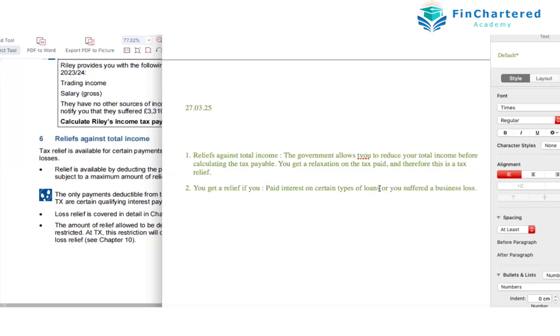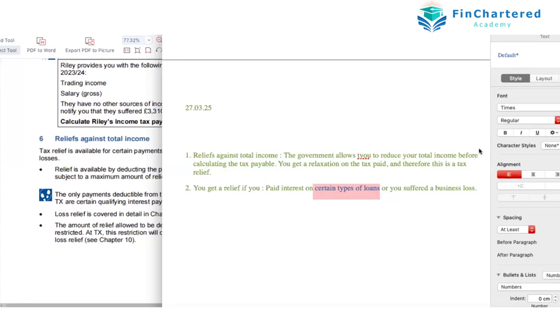Now, again, what are these certain types of loans? I'm highlighting that in blue. If you take a loan to get married, that is not something where the government will say, oh, we'll come and give you a relief, right?